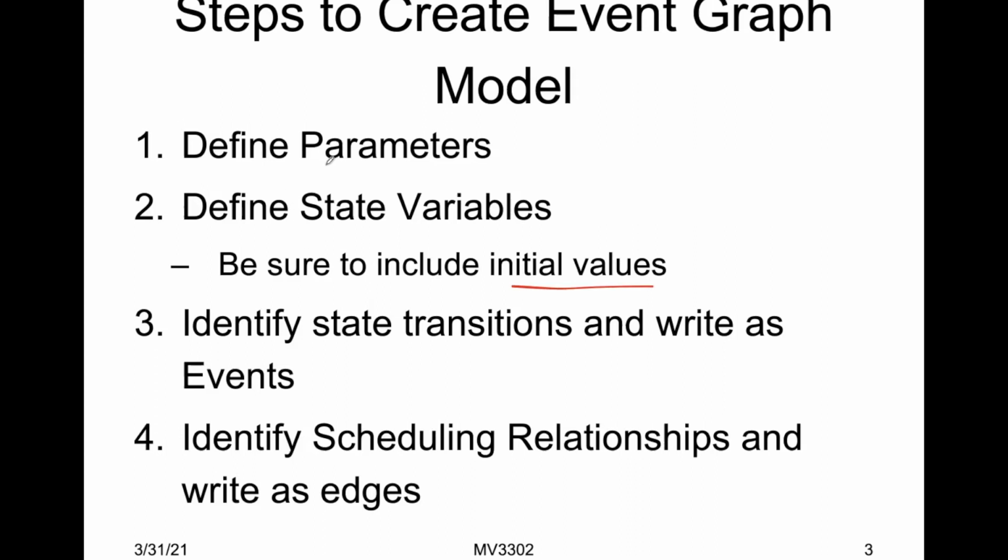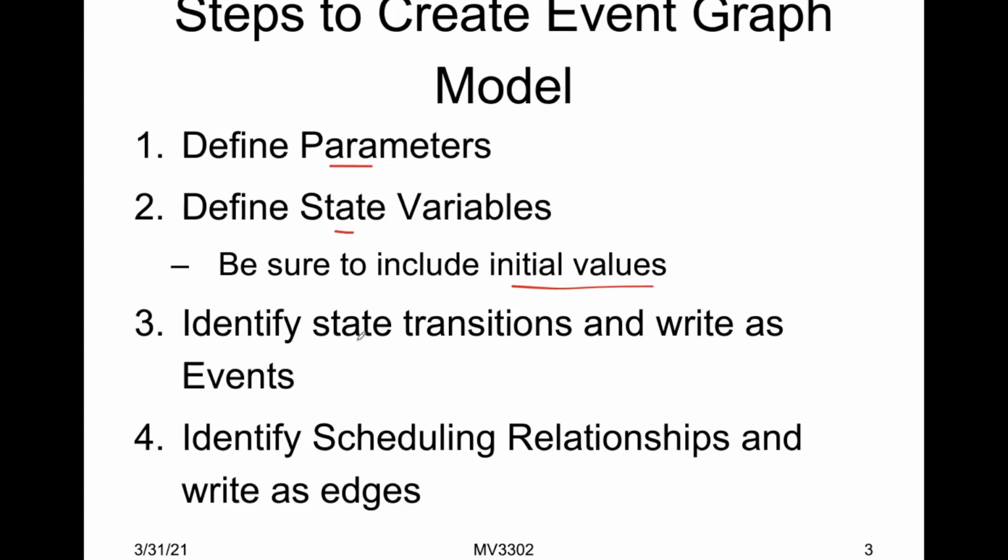Okay, so we've defined our parameters, we've defined our state variables, and now the next steps, steps 3 and 4, are ones that you'll hear me kind of harangue about a bit. Some of you will simply ignore it, and that's okay. You don't get marked down for ignoring it, but it's important, or at least I found it to be extremely useful, to first write down all of your events.